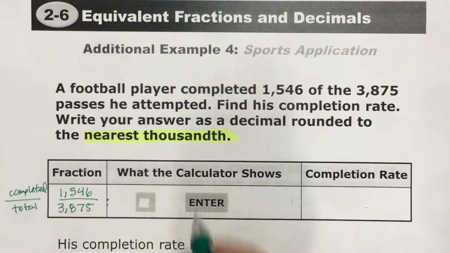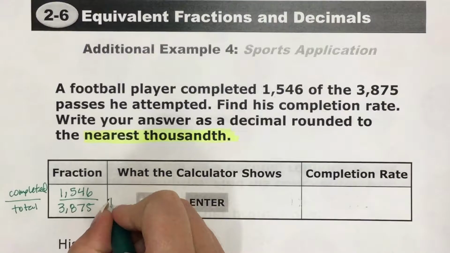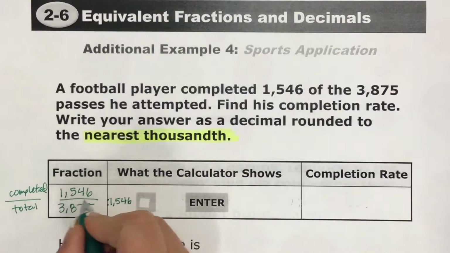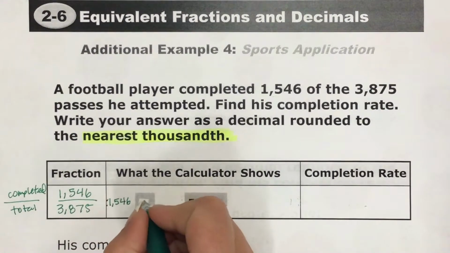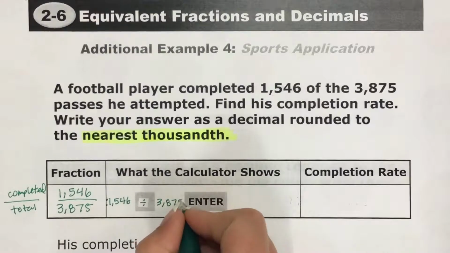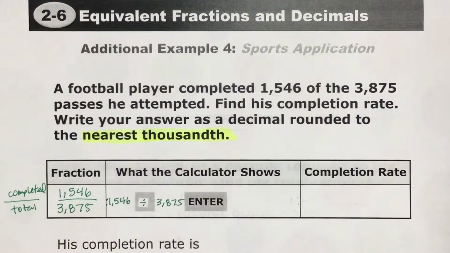So how we input this in the calculator is we write 1,546. This means divided by, so you just go divided by, and then the number on the bottom, 3,875, and then press enter.